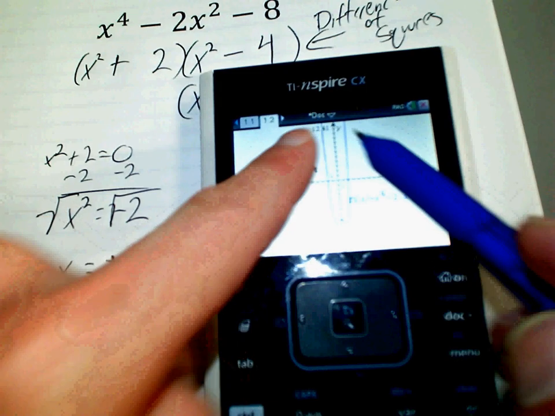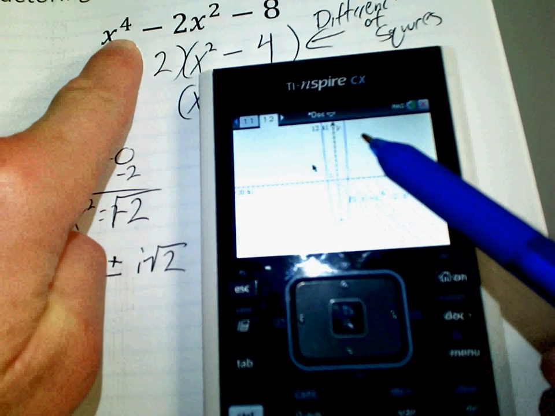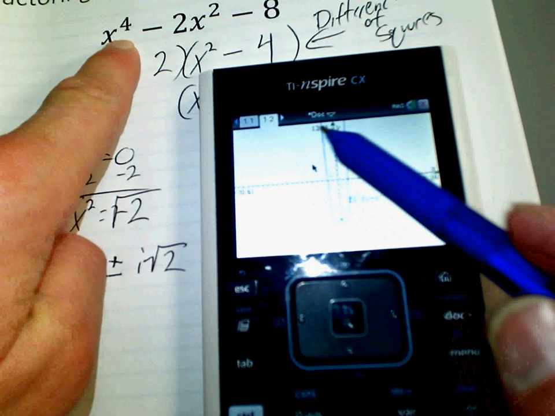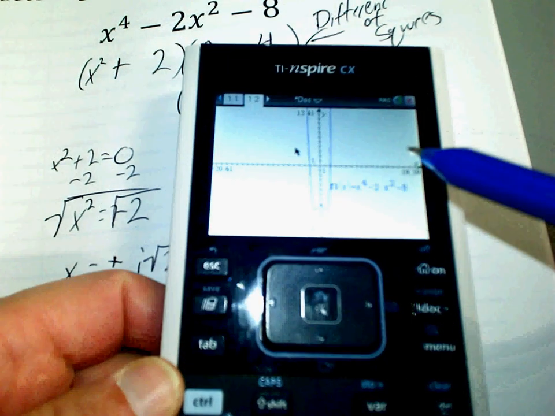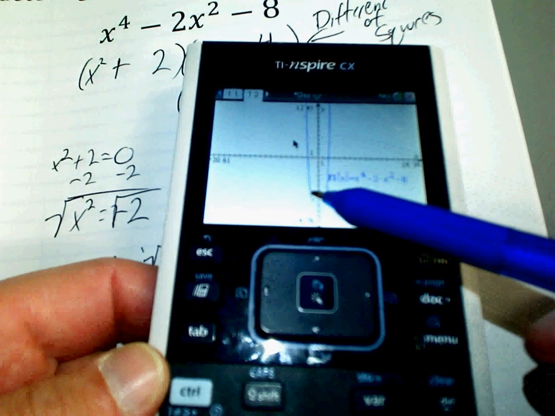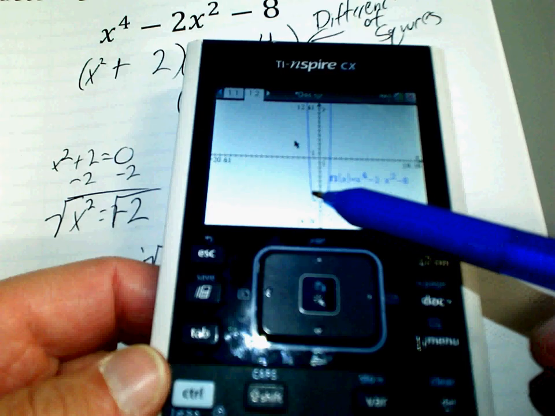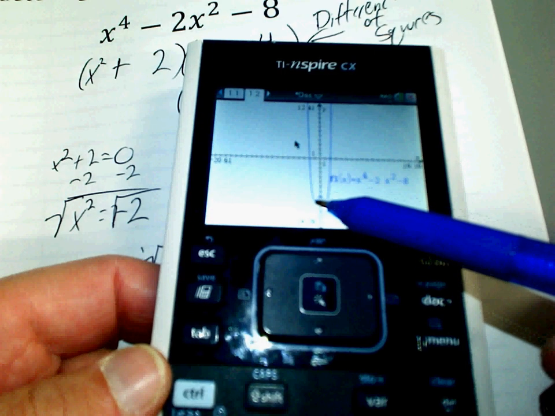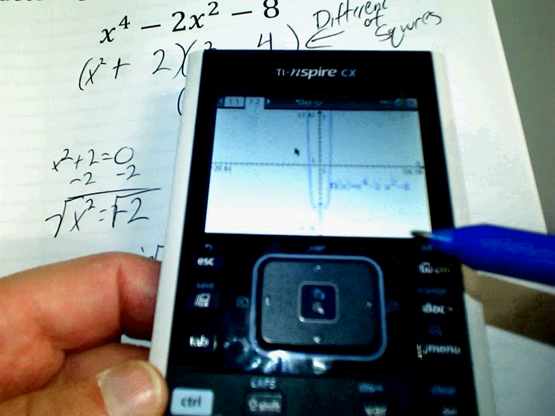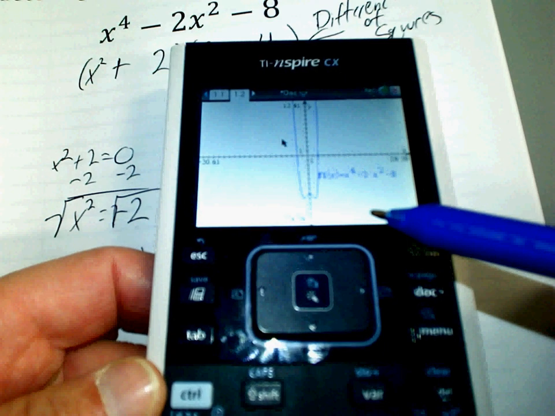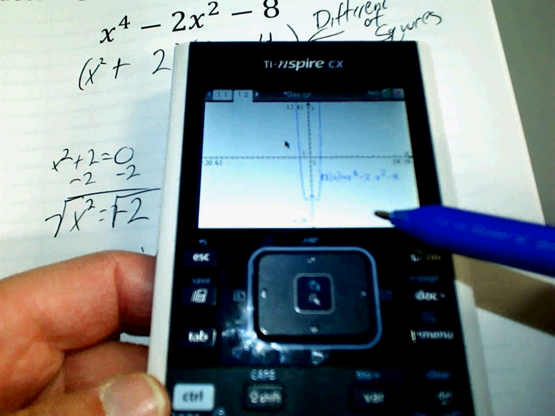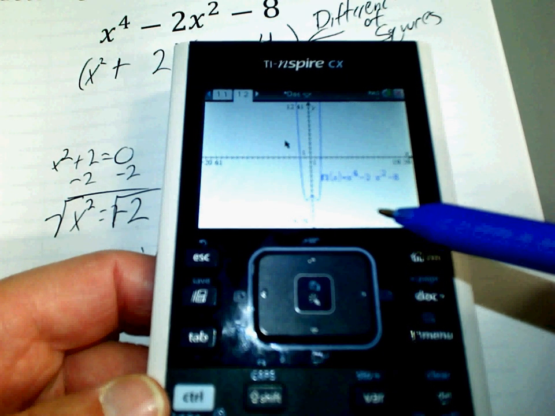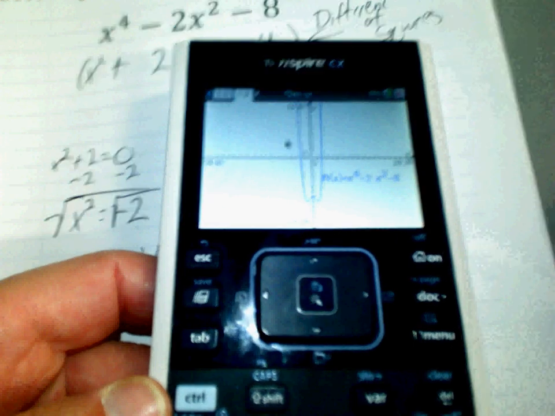This thing comes down. It would have made a minimum. The word has slipped my brain. What word do we use for a maximum and minimum? Relative. Thank you. A relative minimum.